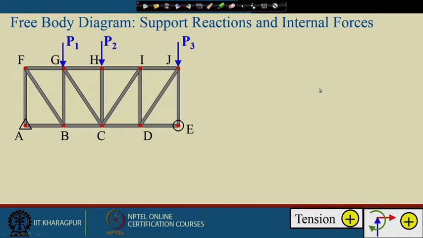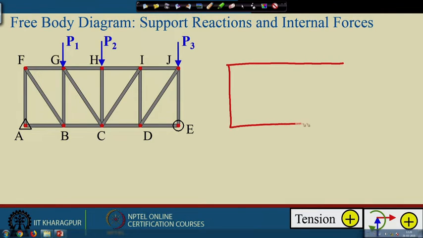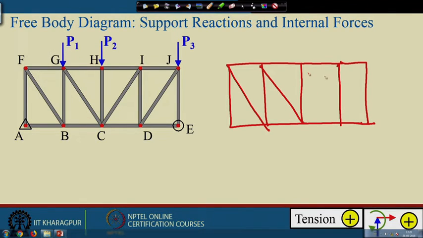Now, we can have, say, a truss problem. Similarly, if I have to draw the free body diagram of the entire structure, it will be this. These are different members, and these are the supports, and then we have these forces.